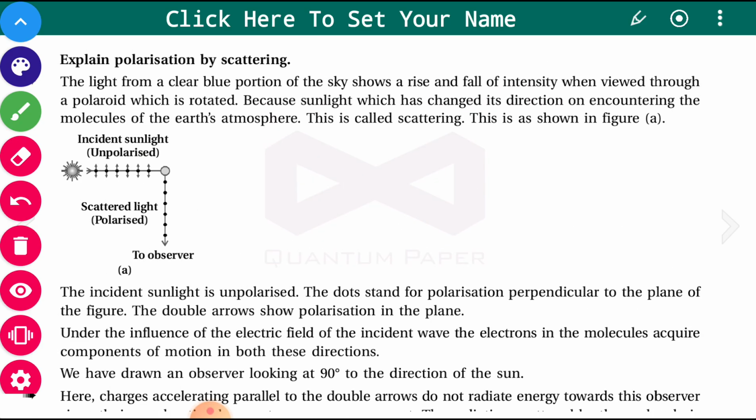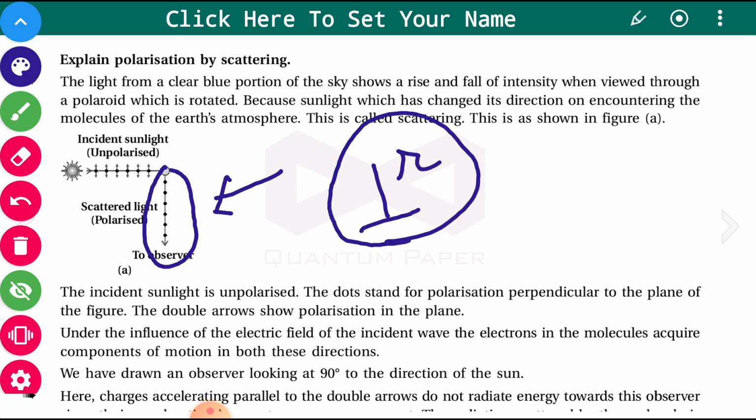So the arrows are not present in this scattered light. It means the parallel component to the plane is absent, and the perpendicular component is present. So only the perpendicular component to the plane is present. Therefore, this light is polarized light.